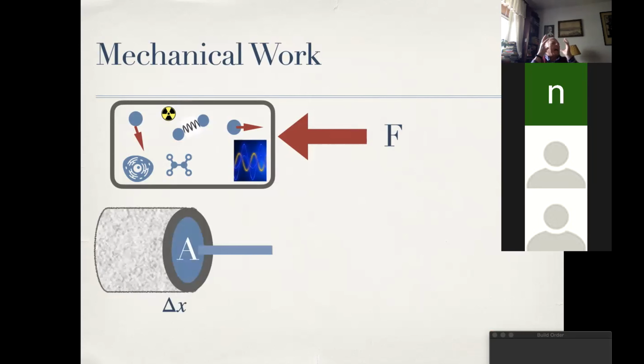We have a container with a gas. We have a piston on one side of that container, and we can apply a force F to the piston, and we shift the piston a little bit by a distance delta x.